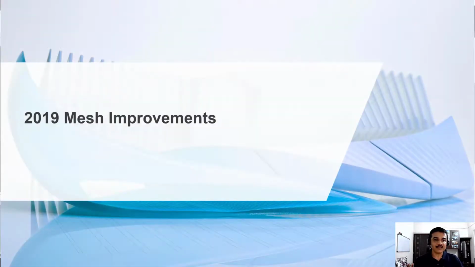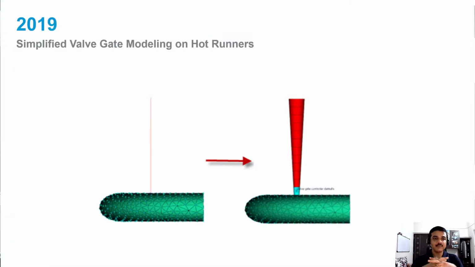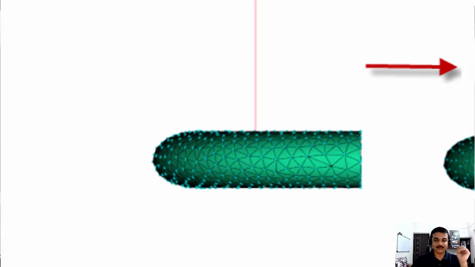Let's look at the improvements in 2019. Start with the way we were modeling the hot runners or the valve gates. I remember that if the part has 10 to 12 drops and I need to modify one of the drops, I really need to zoom in a lot. And if the part is very big, I find it very difficult to select that last beam to modify.